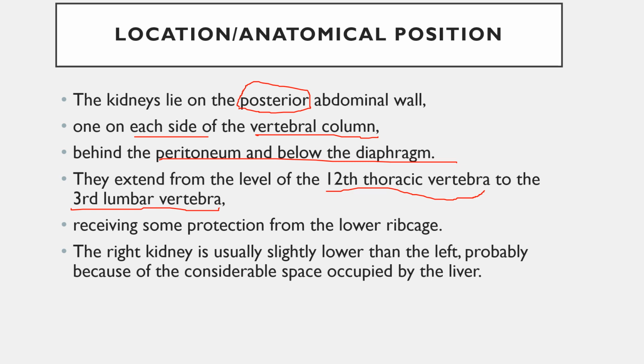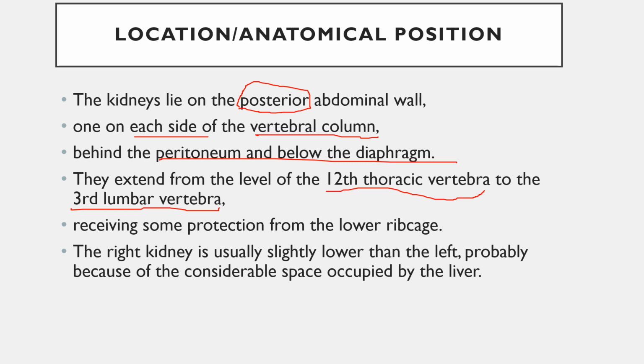Then you go down until you reach the ones which fall under lumbar. If they are saying third lumbar, it means there is a second, there is a third. So the numbers go down as you go from the neck to the sacrum, until that tail.